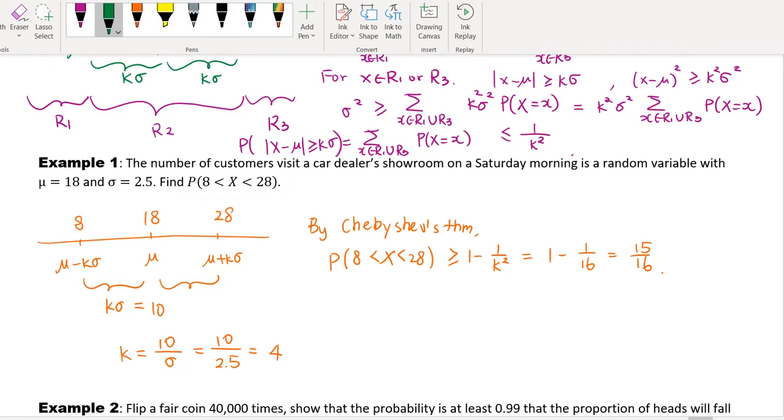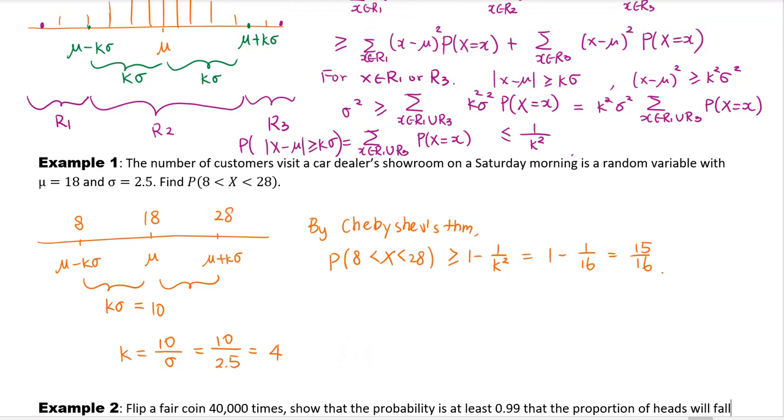In this problem, we don't know what kind of distribution. We don't know whether it's a binomial distribution, hypergeometric distribution, geometric distribution, or any other kind of distribution that we haven't learned. So we don't need to know what kind of distribution, but we can still use the Chebyshev theorem as long as we know the mean mu and the standard deviation sigma.